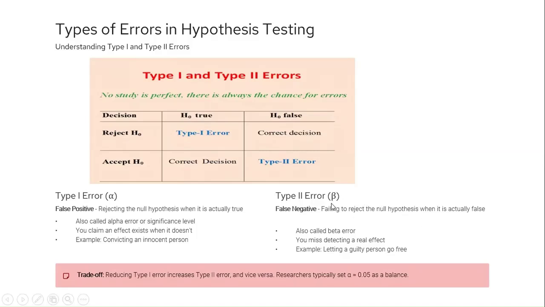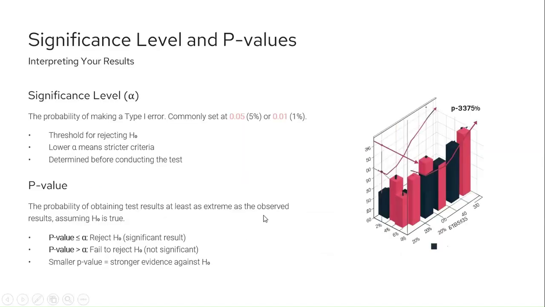It is denoted by beta. This means we miss a real effect. A common real life example is a court case. Convicting an innocent person is like a type 1 error, while letting a guilty person go free is like a type 2 error.